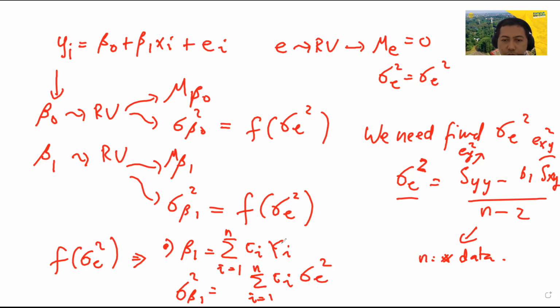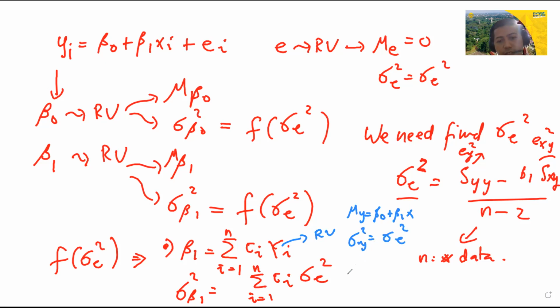Because Y is a random variable, mu Y is beta0 plus beta1 x, and the standard deviation of Y is the standard error.